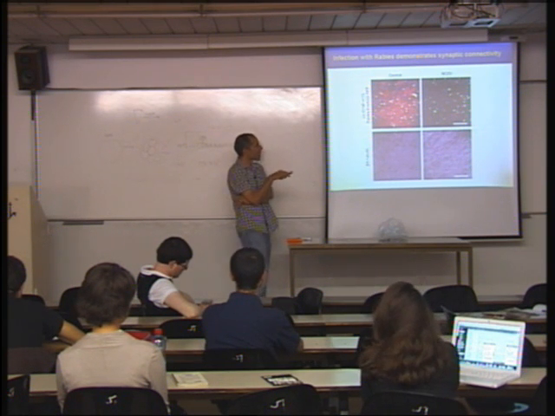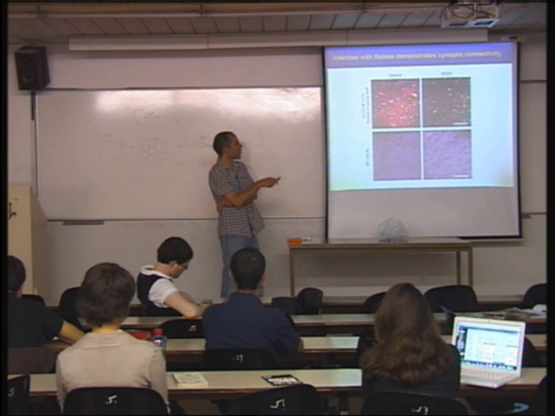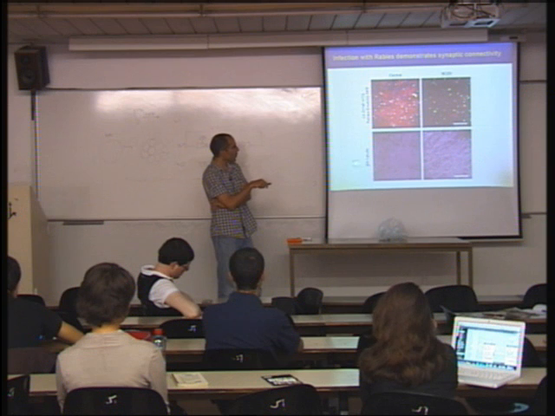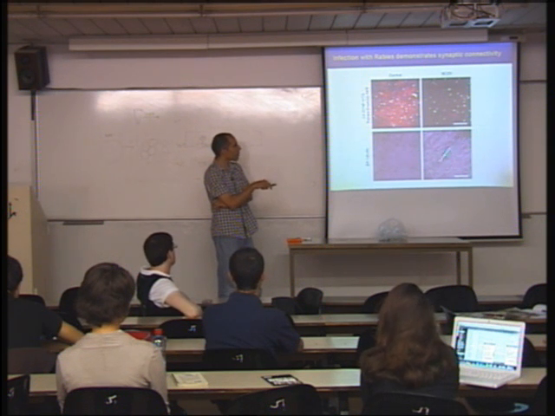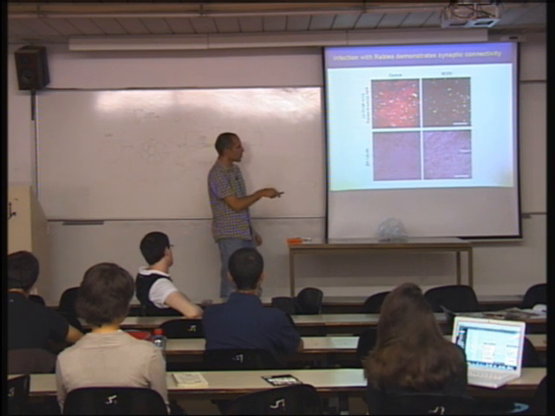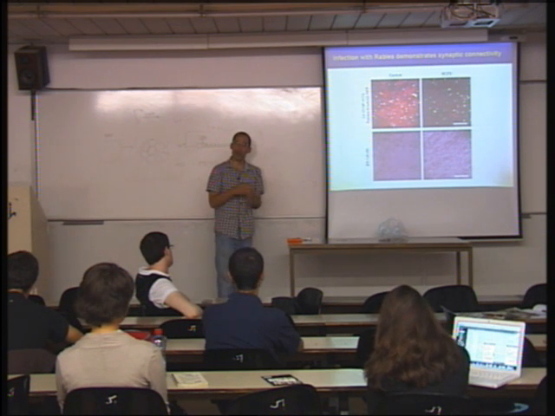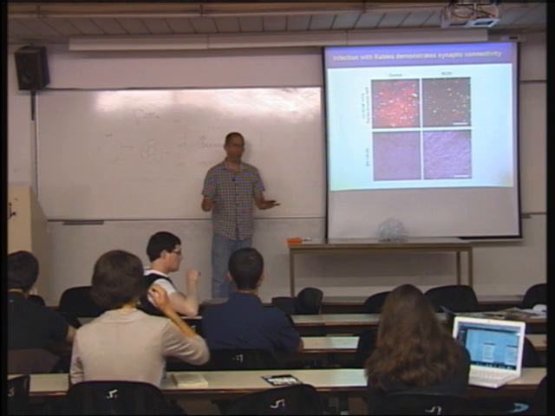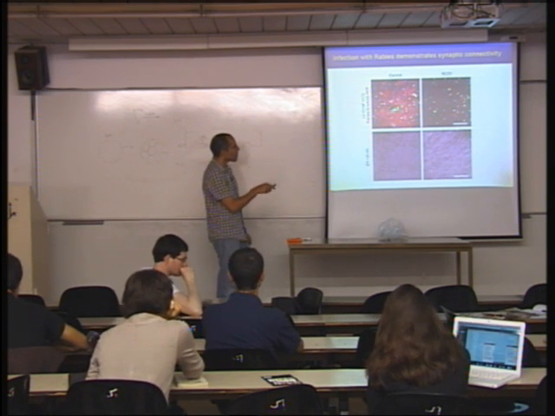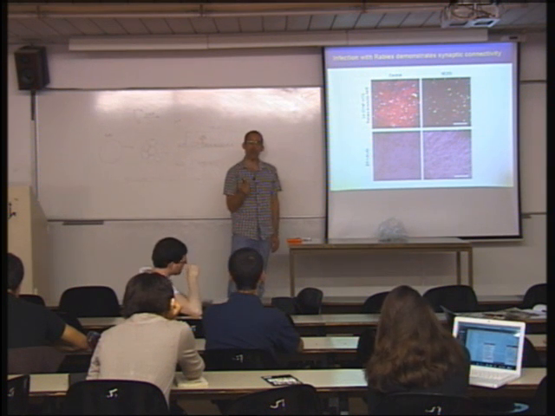Again, I'm not going to go into the assay, just to tell you that this is the schizophrenia, this is the control. What you can see here are the number of neuronal processes, so there's no difference. They generated neurons in vitro that have the same numbers of neuronal processes, but here you can see functional synapses.